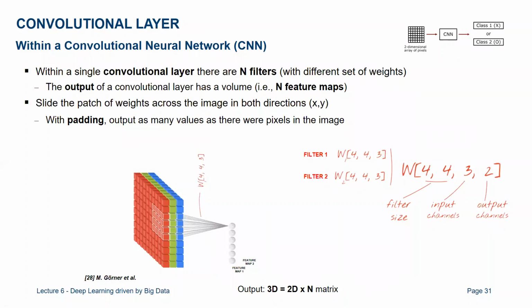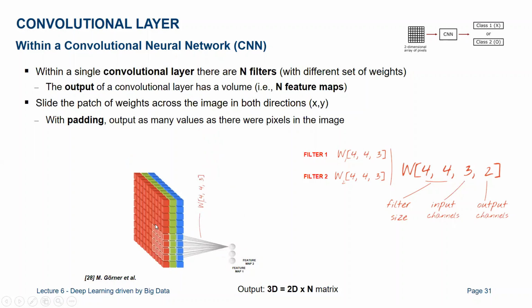So how would a convolutional layer look now? I try to make it as clear as possible by rotating this example. Let's see if we can manage. What we usually have in a single layer are n filters with different sets of weights. Imagine that you want to define two filters here, and each filter will have a particular spatial region.